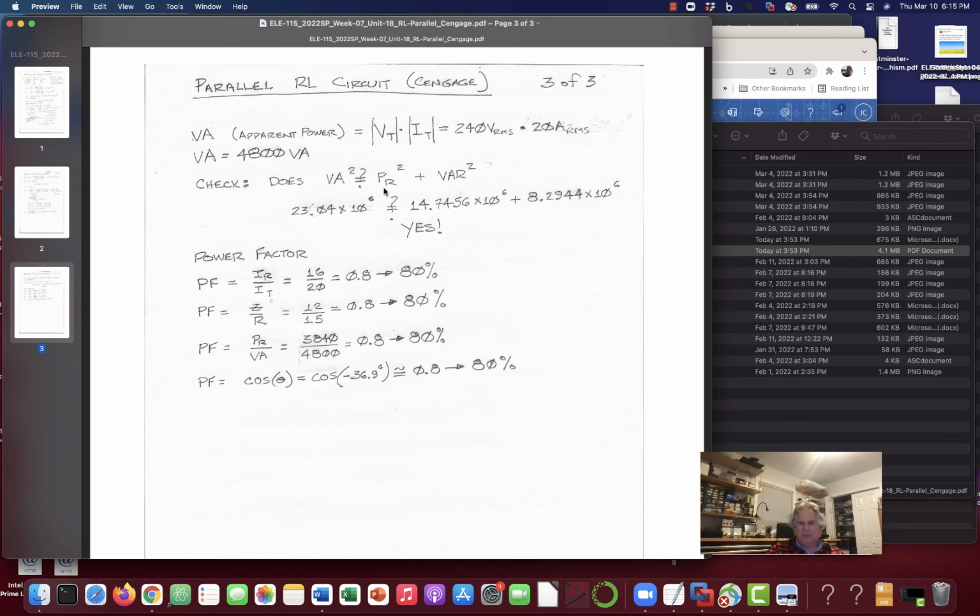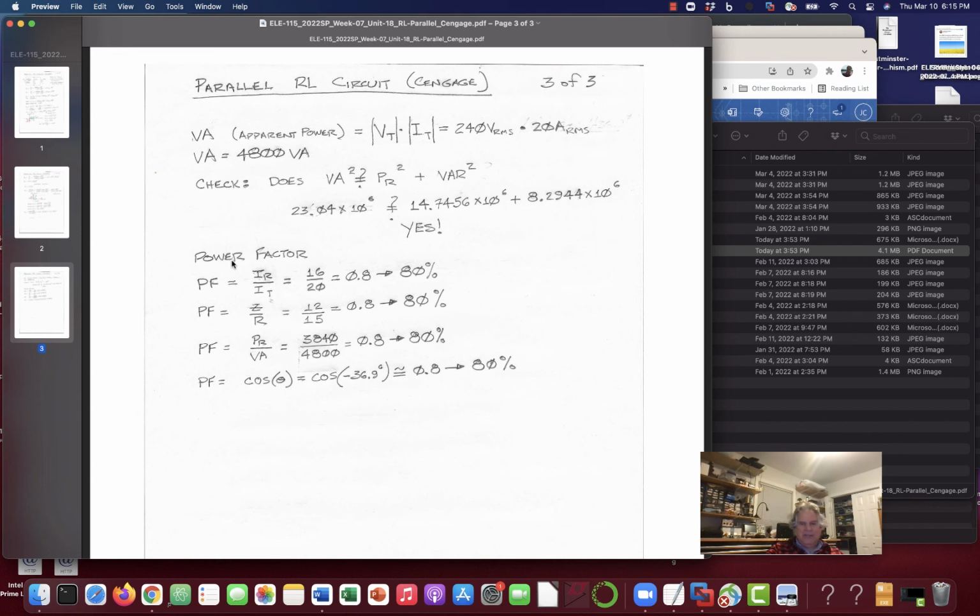Because in the Cengage material, they said the apparent power was like the hypotenuse, and the real power and the reactive power were like the two sides of the right triangle. So in a right triangle, the hypotenuse squared is equal to the sum of the squares of the other two sides. And when you do this all out, you will find, yes, that expression holds. So that's a good check.